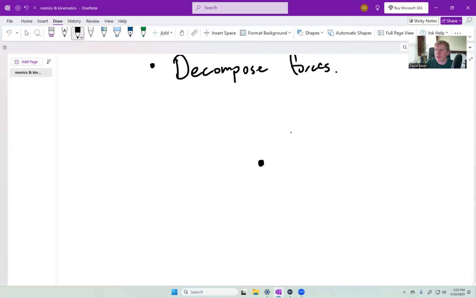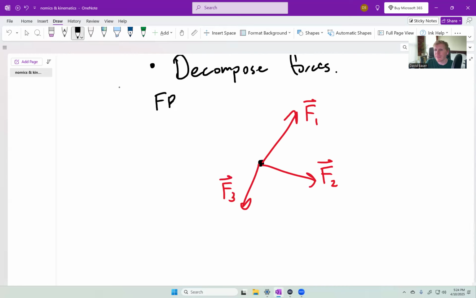Okay, so let me just give you an example of this. Let's say this is our object that we're looking at, and we have, I'll just pick some random forces: F1, F2, F3. So this would be our free body diagram. And then I want to choose an x-axis and choose a y-axis.